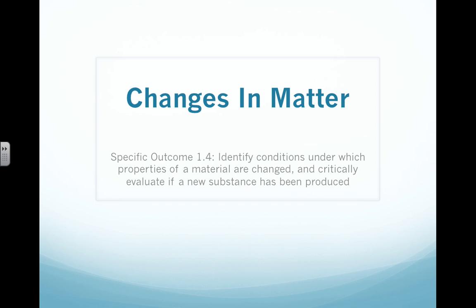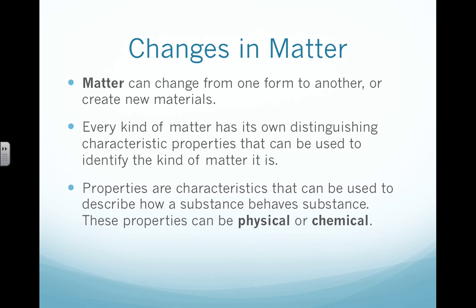So, moving on. The first thing we're going to discuss is these changes in matter. What is matter? Matter is anything that takes up space or has mass. Matter can change from one form to another, or we can create new materials.